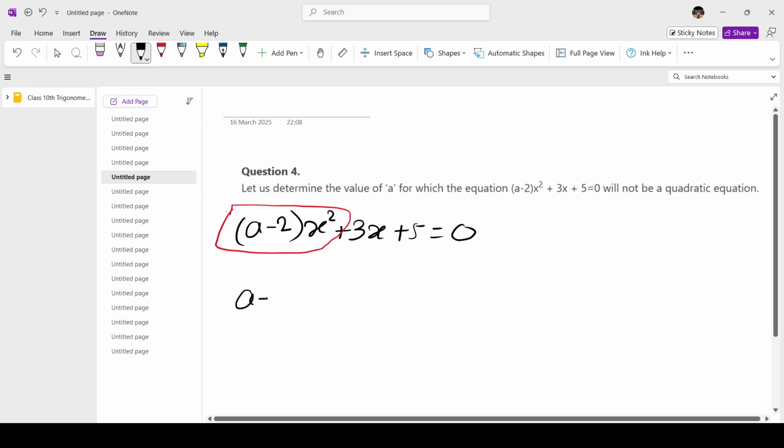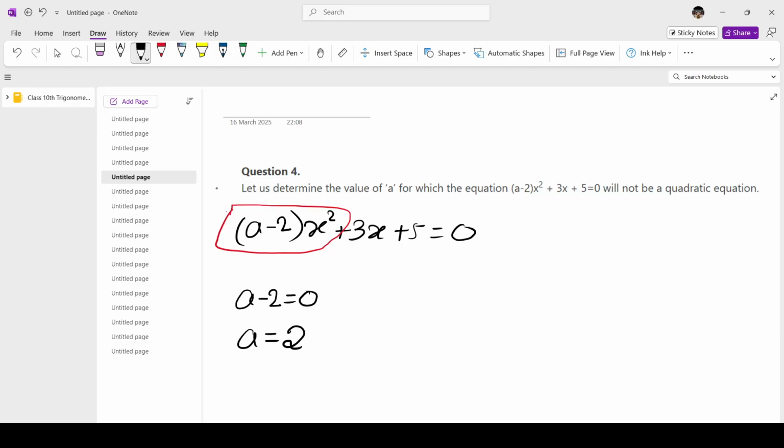So if our a minus 2 is 0, the value should be 2. If our a value is 2, then this equation will no longer be a quadratic equation.